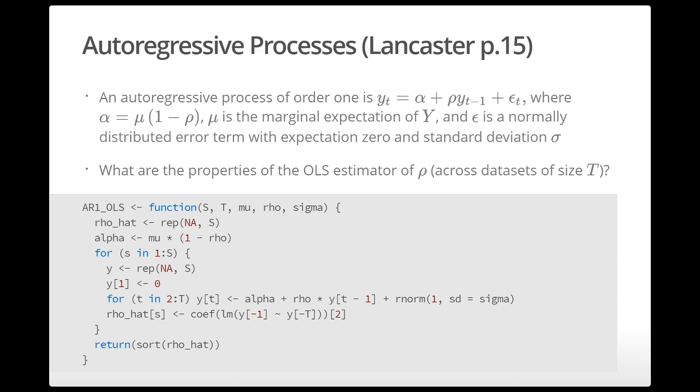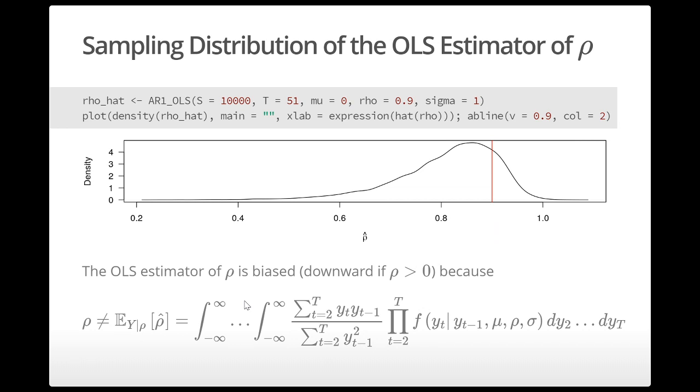Okay. All right. So we do that like 10,000 times with a rho of 0.9 and a sigma of 1, and we get out a probability distribution of estimates that can be smoothed out like this with the black line. And I've put a vertical red line at 0.9 to indicate the true value of rho that we generated the data with.